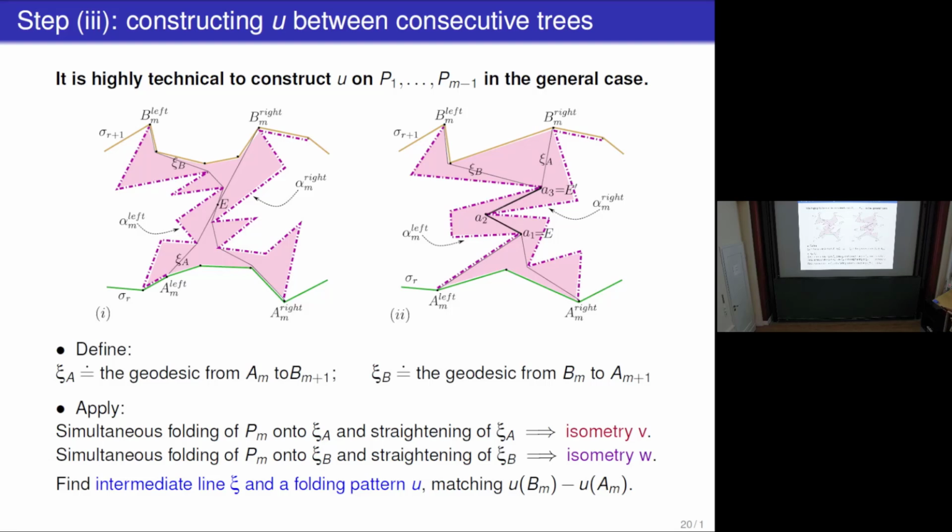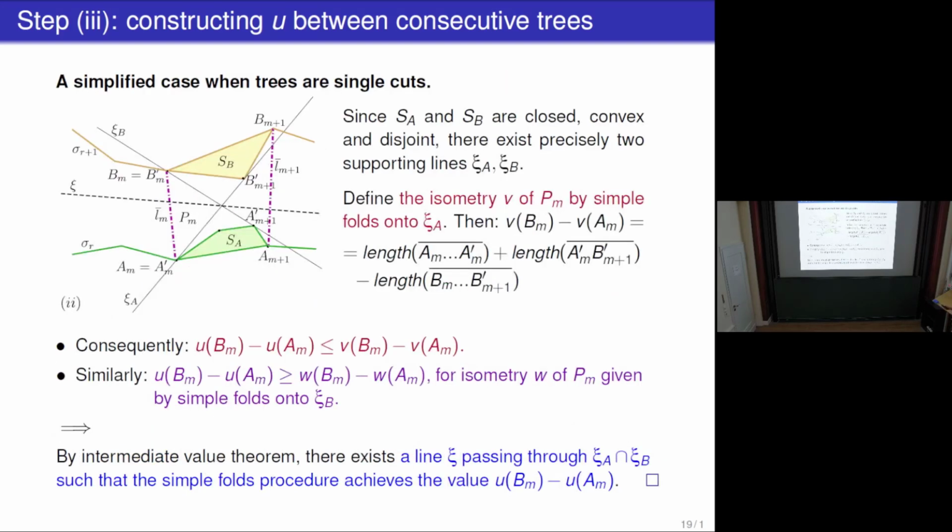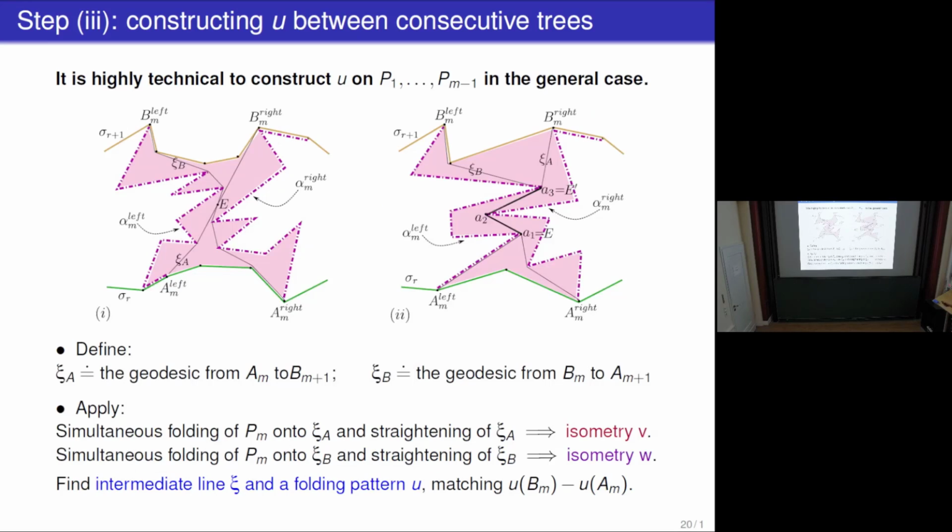And one can find an algorithm which simultaneously folds this pink area onto those supporting polygonal lines and at the same time rectifies them. So there are two inductive procedures playing with each other, in the sense that at the end of the day, you get the image of this and the image of this sitting on one of those chosen lines, but those polygonal lines are becoming straight, are rectified as well in this procedure.